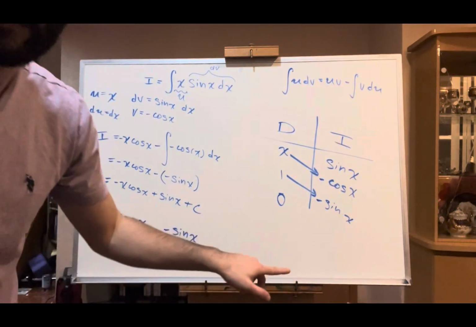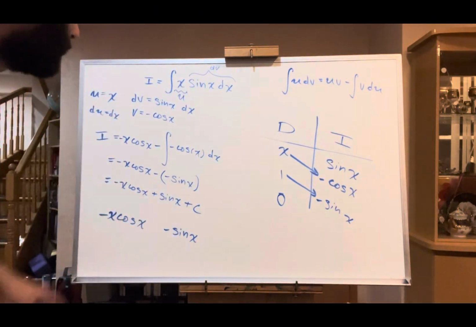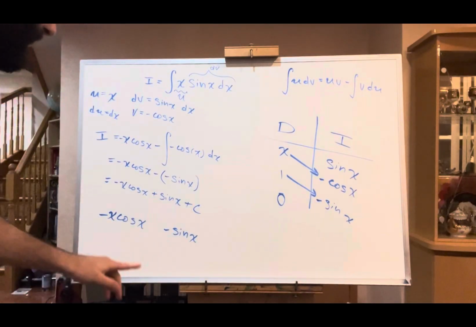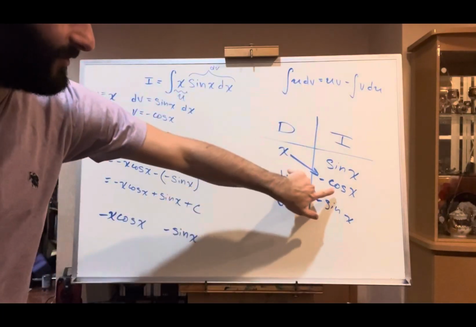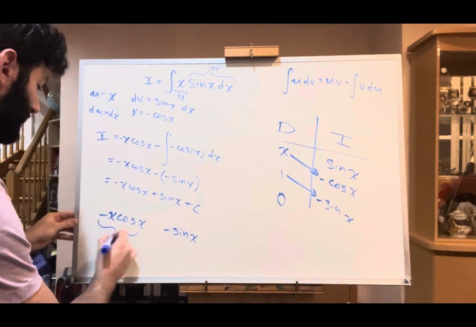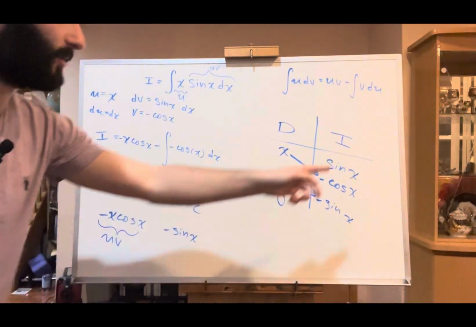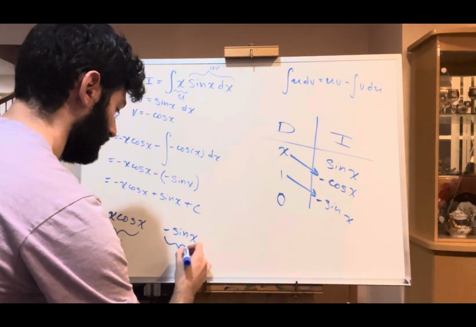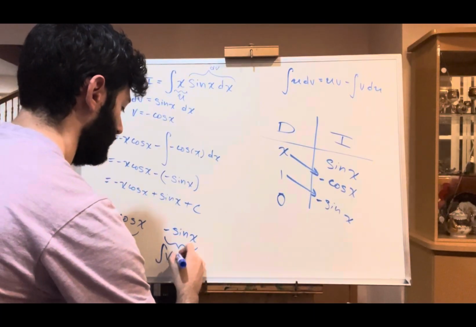And if we look closely, what we just did without the more rigorous approach is we solved for our uv, right? This term is our uv, and this term is our integral of v du.